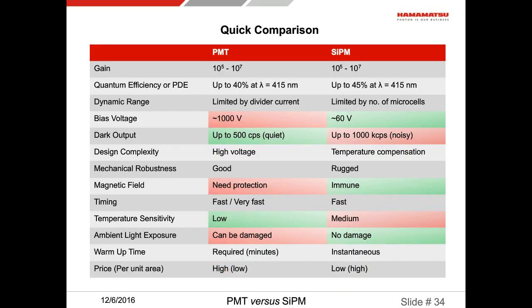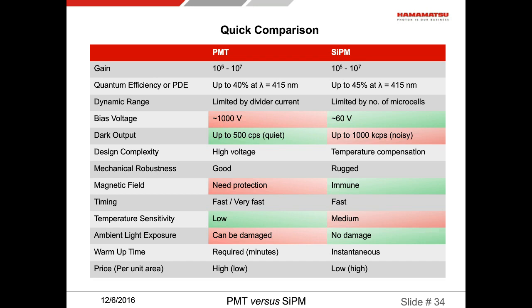Finally, or next to finally, there's a quick comparison table between the two devices. There are several entries. I'm just going to point to those outlined in color. Bias voltage for PMTs, 1,000 volts or so. For SiPM, 60 or so. Dark output for PMTs can be low. For SiPMs, high.